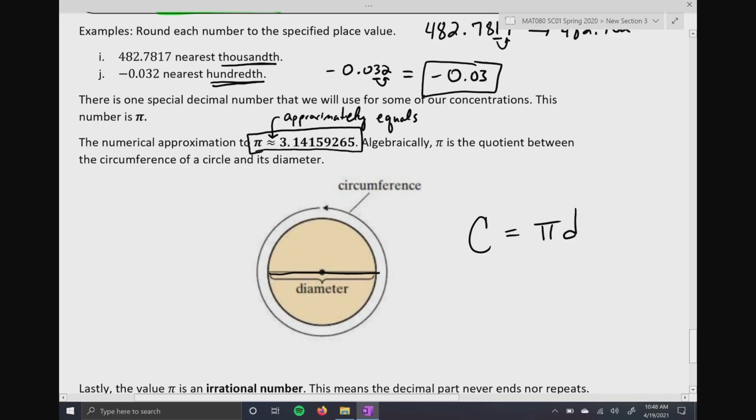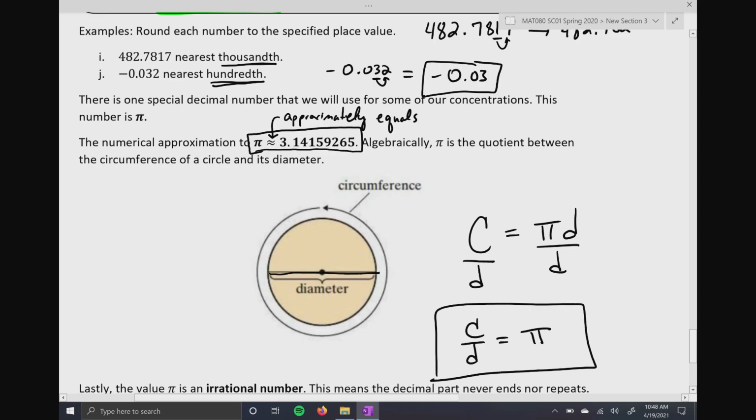Now, here's the interesting thing about circles and pi. If I took this formula that I just gave you, C equals pi times D, and I divided both sides by D, what I can do is take any circle in the world and measure the circumference. And that's pretty easy. All you really need is a piece of string and a ruler.